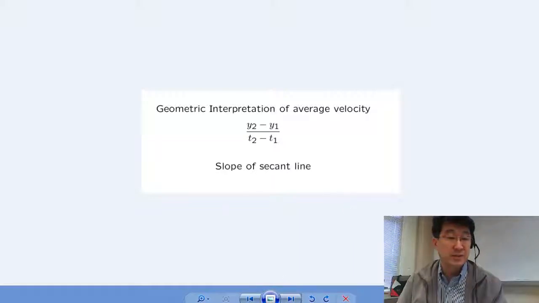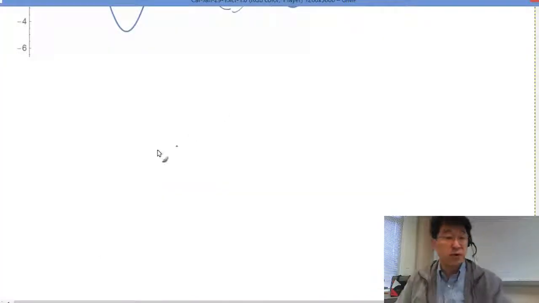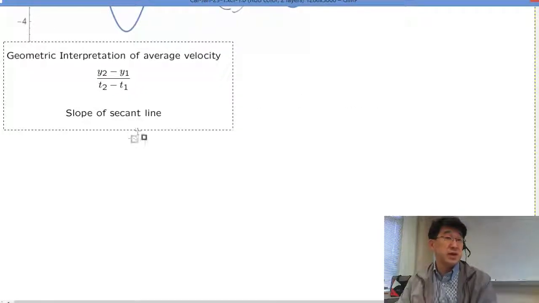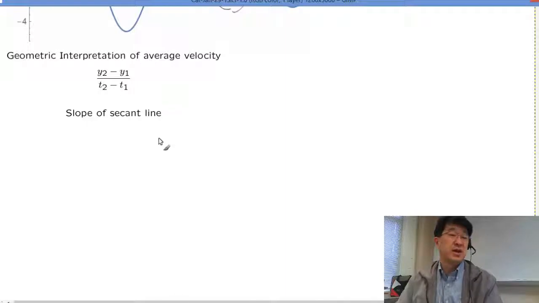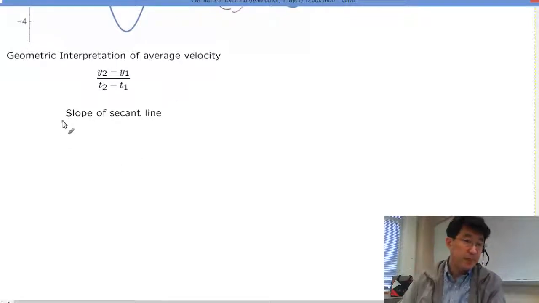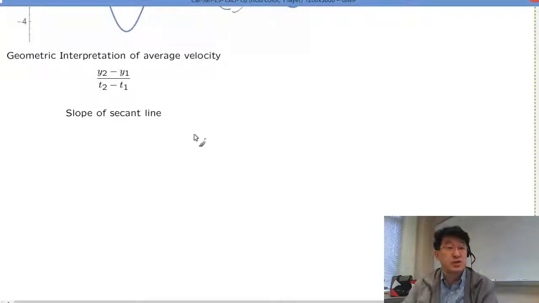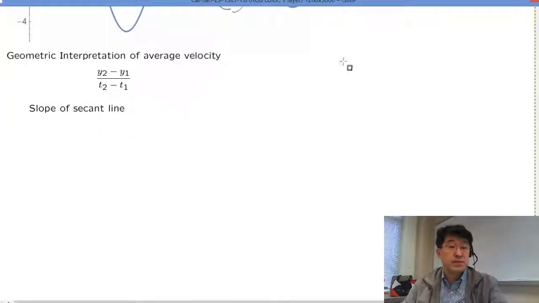But as soon as you enter the space-time, everything is interpreted in terms of things in the space-time in this course, so you have to understand that. And once you enter that xy plane, which is really time axis and vertical axis, it becomes a geometric object. So the geometric interpretation of average velocity is the slope of a secant line. So I'm going to explain that.